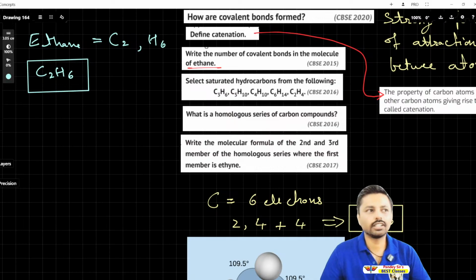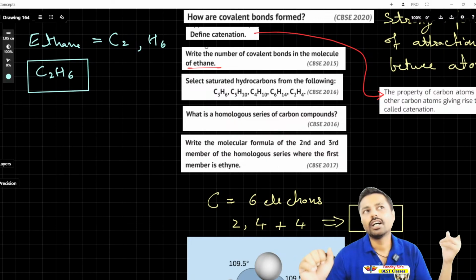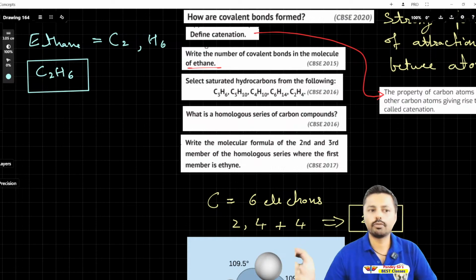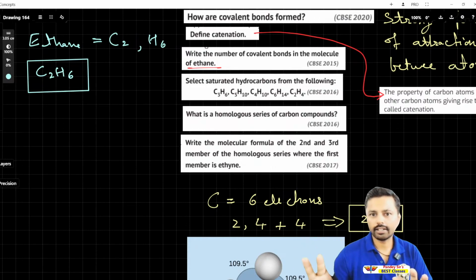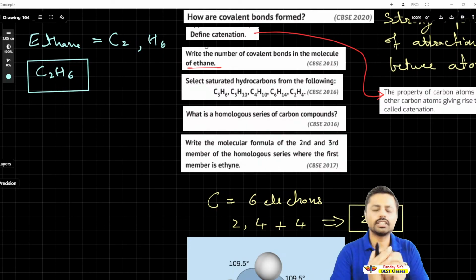Now you would be like, sir, somewhat confusing, sir. Alkane, alkene, single bond, double bond. So let's have a weapon. Let's have a cheat sheet which will make it super easy.